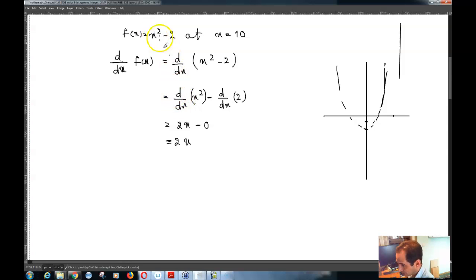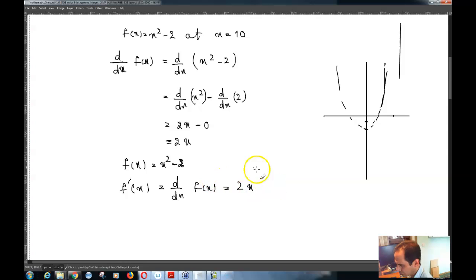So if your function is f of x is equal to x squared minus 2, then f prime of x, which is equal to d by dx of f of x, is equal to 2x, and that is actually equal to the derivative of x squared.